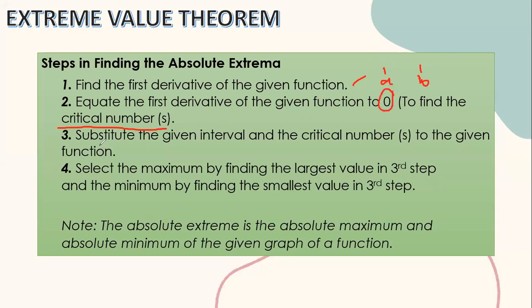Okay? Number 3, substitute the given interval and the critical numbers to the given function. And then number 4, or the last step, is to select the maximum by finding the largest value in the third step and the minimum by finding the smallest value in the third step. So note the absolute extreme is the absolute maximum and absolute minimum of the given graph of a function. All right. So these are the steps.